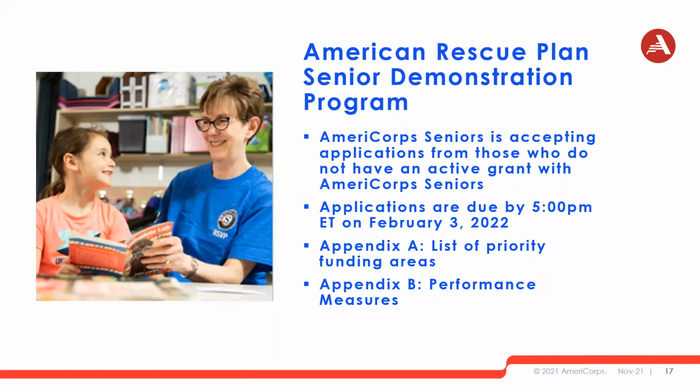The specific legal authority for the senior demonstration is 42 U.S. Code. The regulation is 5028. By exercising this authority, AmeriCorps Seniors will encourage innovation as communities recover and build back better.